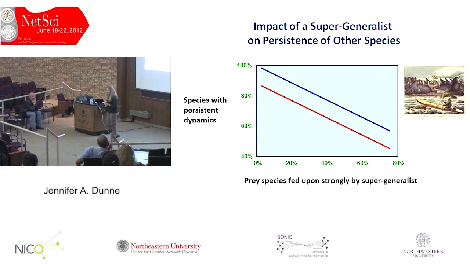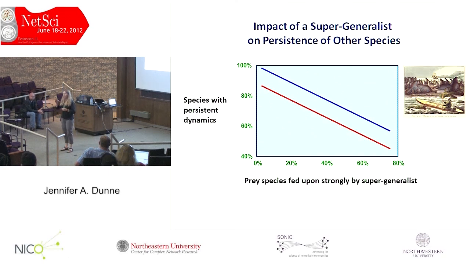And we can take this type of topological information, even this fairly simplistic type of analysis, and use some of that to parameterize a nonlinear dynamical model based on bioenergetics. And we can use that to do some simulation experiments where we ask questions like, under what conditions can you invade a system with a species like a human that's a super generalist, super omnivore?